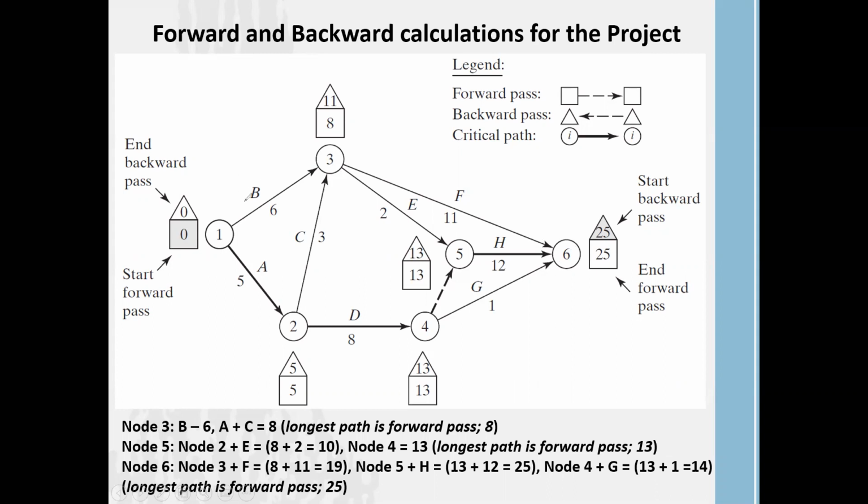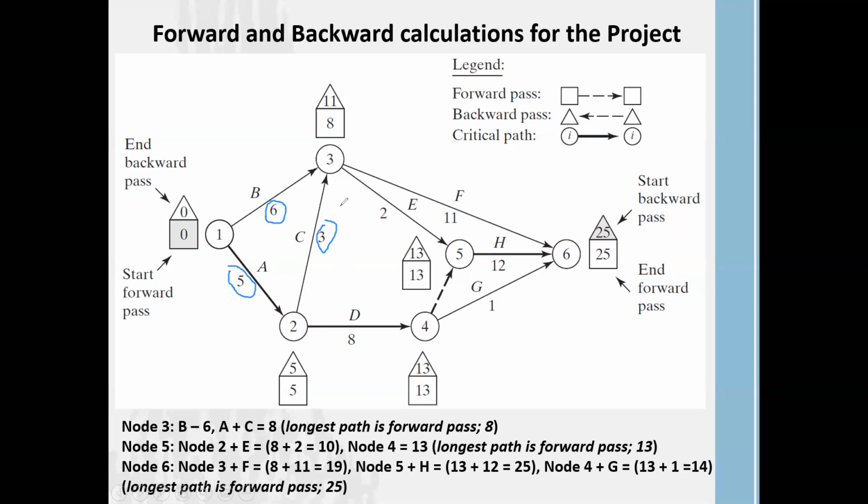Each activity has its own time duration. For activity B, it takes 6 weeks, assuming it is a week time period. For activity A, it takes 5 weeks. For activity C, it takes 3 weeks, and so on. After drawing the network and identifying the predecessors, this is your drawing of the network.